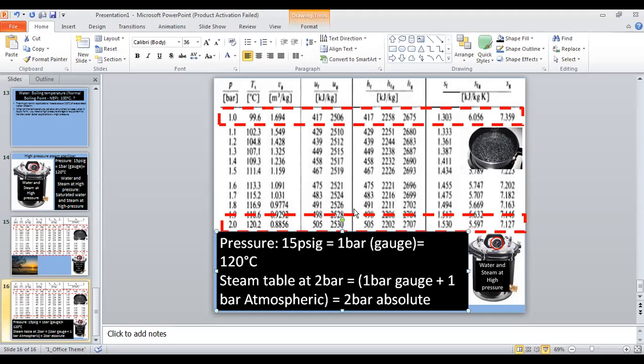So don't get confused. Open boiling is under ambient atmospheric pressure, that is 1 bar. Zero gauge, if you just put a gauge here, it reads 0. Unless it is calibrated to show 0 as 1, just to see the absolutes.